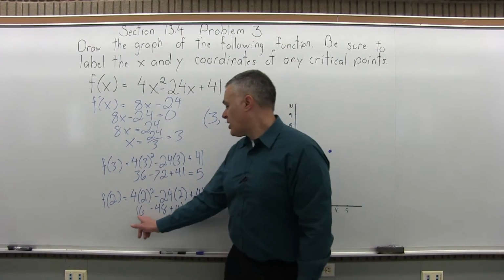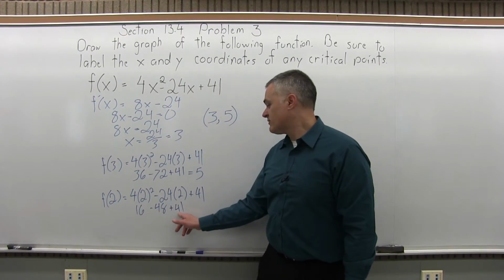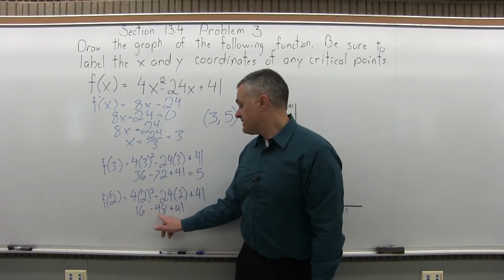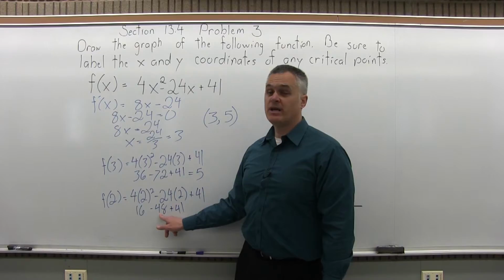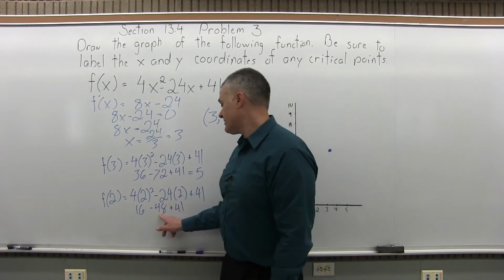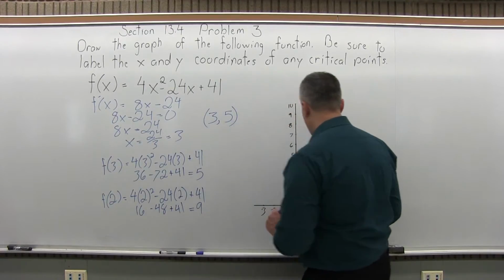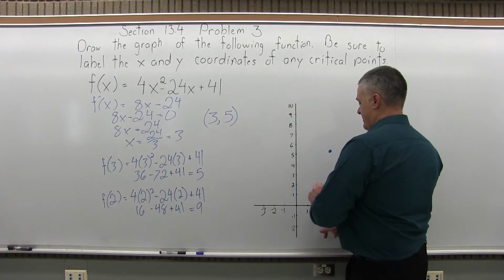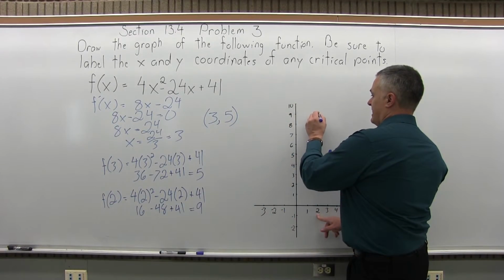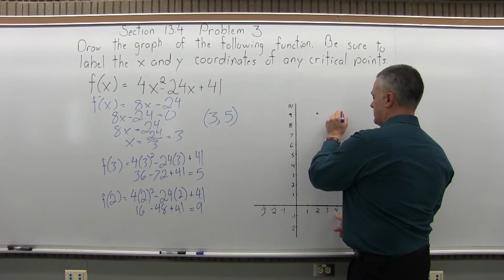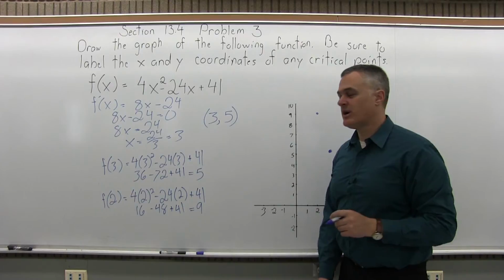So if I combine my positives, positive 16, positive 41, I'm going to have positive 57. Positive 57 and negative 48 will be positive 9. So if I go over 2, the height that goes with that is up 9. So most likely when I put in the 4, it'll also be up the same height, but you really need to try each side.